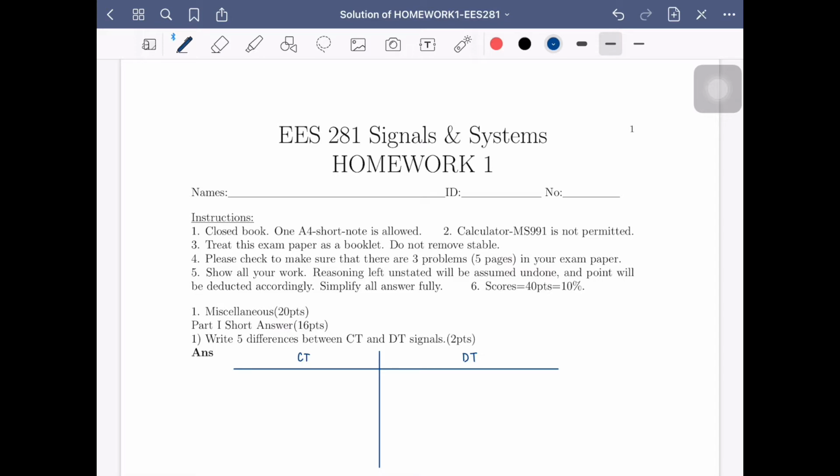We can see that for continuous time, we can divide it for all time t.